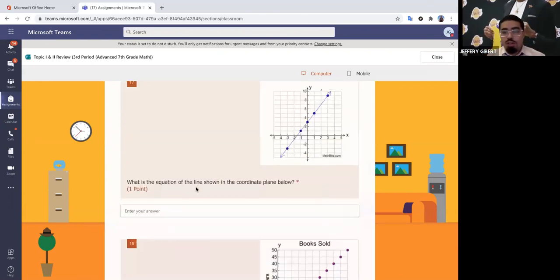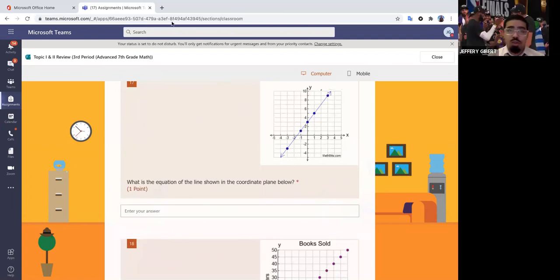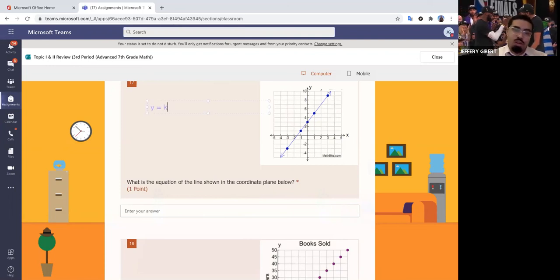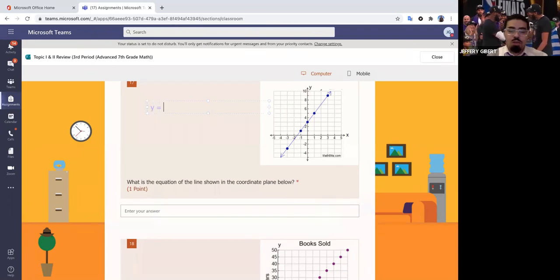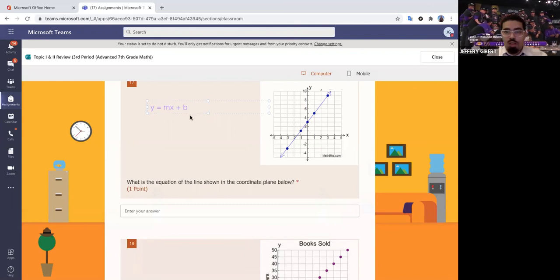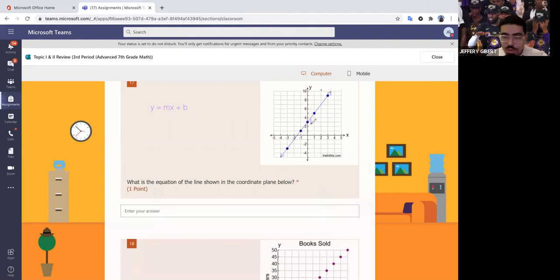What is the equation of the line shown in the coordinate plane below? On this one, we're no longer using y equals kx. We're doing y equals mx plus b. So b is your y-intercept. b is right here, and as you can see, that's 3.